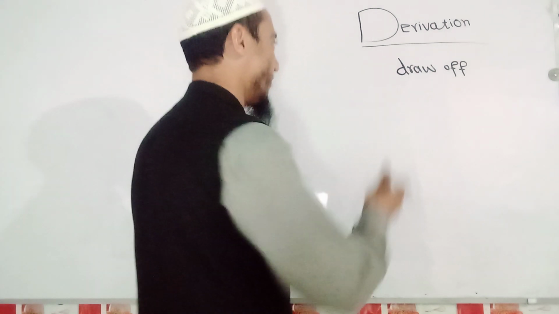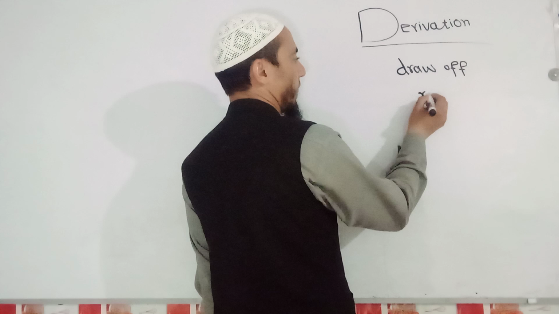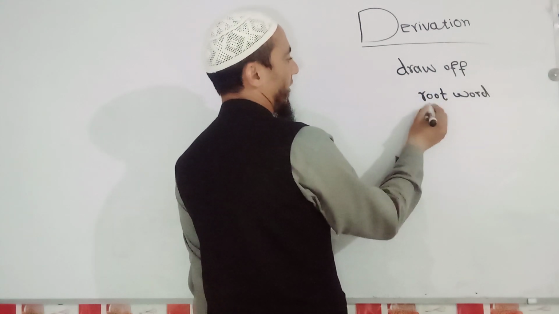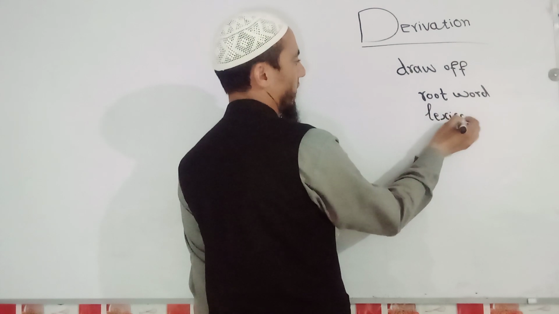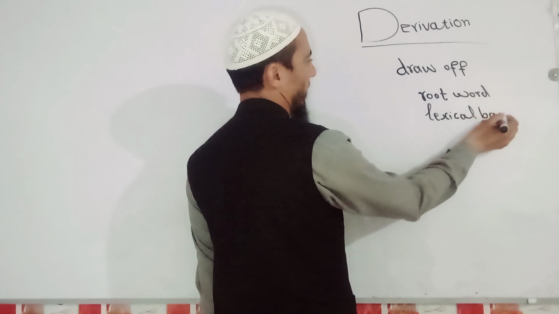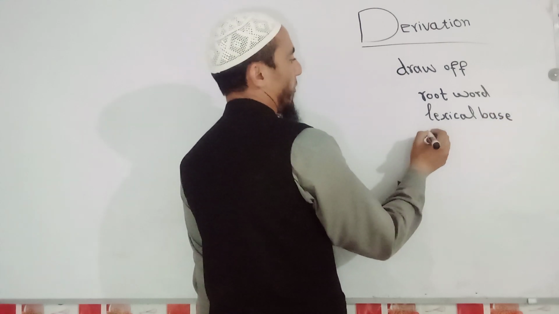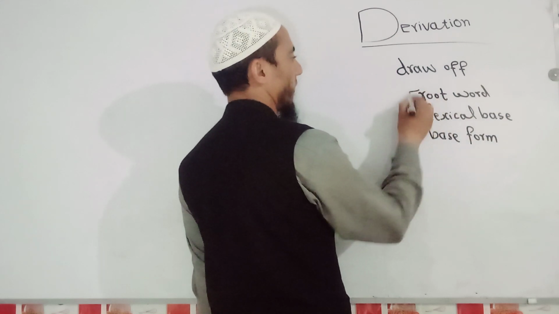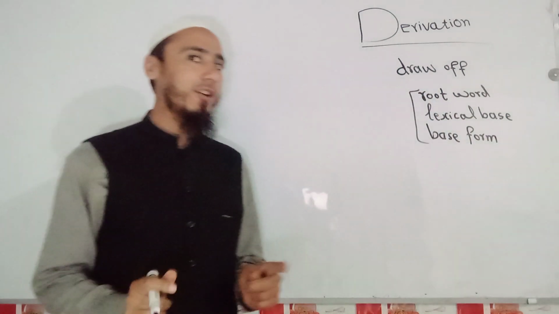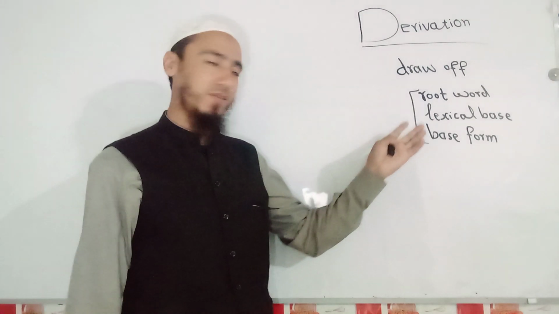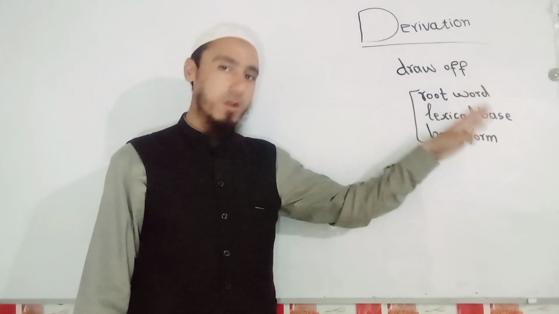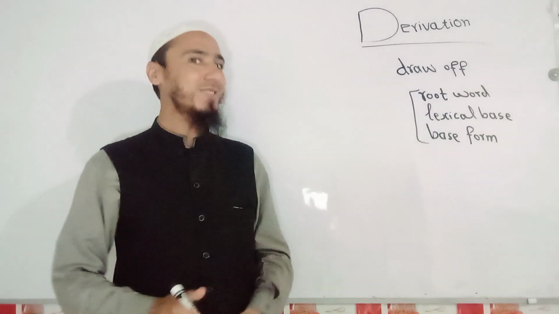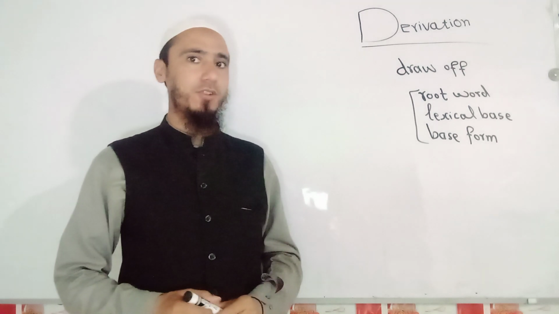I'm writing the three terms: root word, lexical base, or base form. These are the same. They are the synonyms of each other. So changing the root word or the lexical base or the base form of a word, this process is known as derivation.